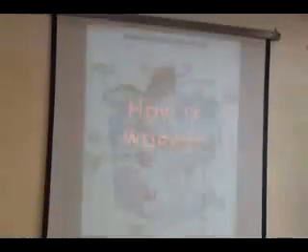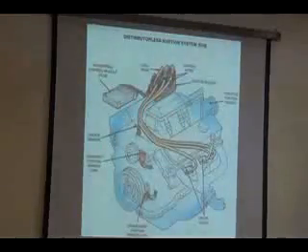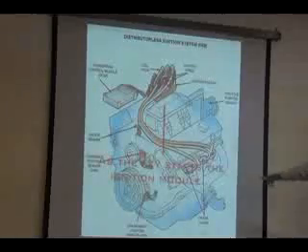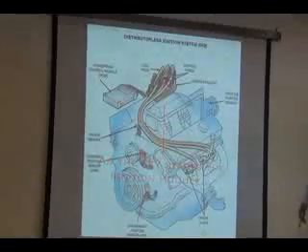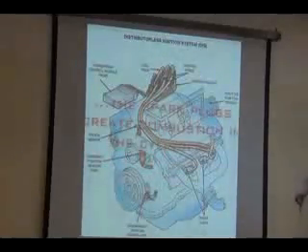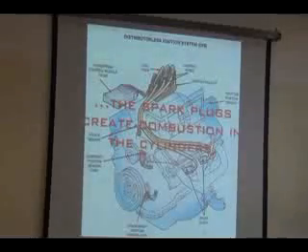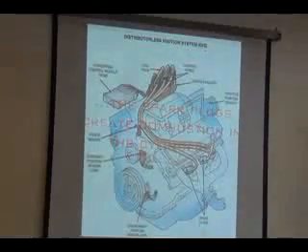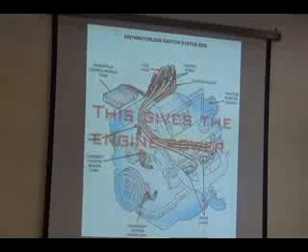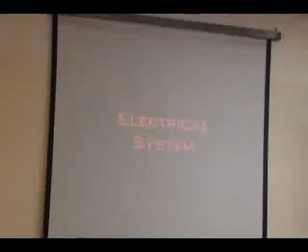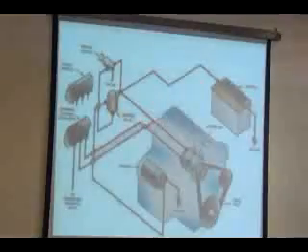So this is the ignition system. I have a spark plug here. That spark plug needs voltage so that a spark appears there. How is the voltage generated? So you need an electrical system.